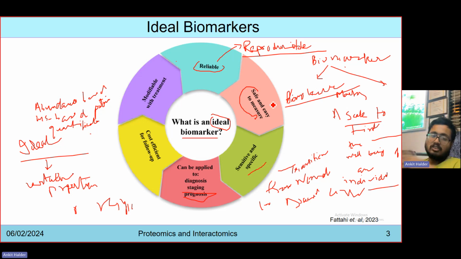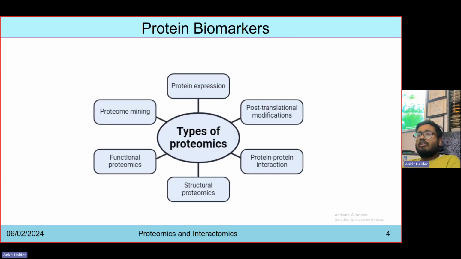Once the patient responds to treatment, it changes accordingly, and a clinician or researcher can get an idea of what the change is. So this is the concept of an ideal biomarker with certain more qualities.